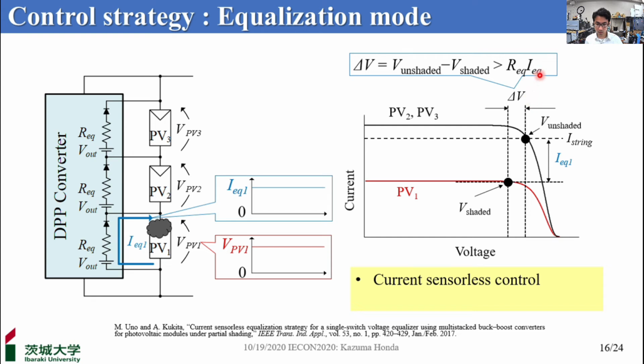Delta V should be greater than the voltage drop across REQ. In this mode, the DPP converter supplies the equalization current only for the shaded substring PV1. Meanwhile, unshaded substring voltages are higher than Vout, and therefore currents do not flow toward them.